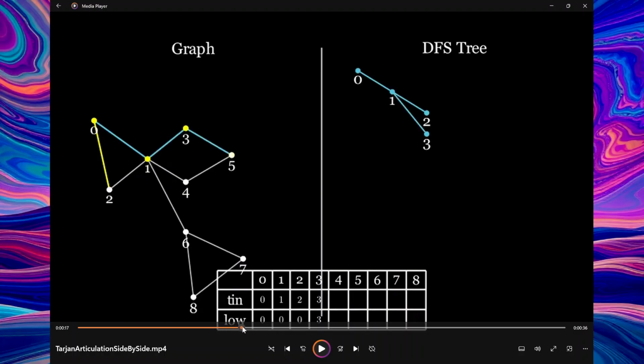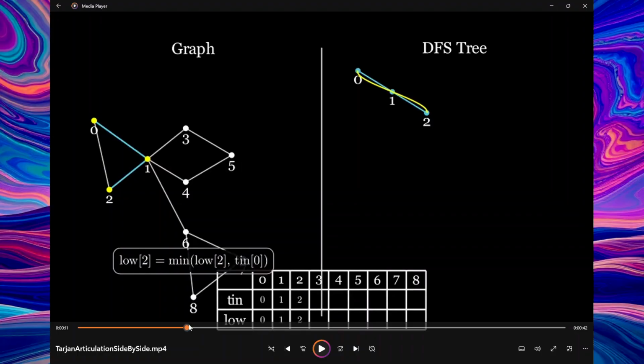In the DFS tree, it looks like that. So now we form the back edge, so we're comparing the earliest time I could have reached this node versus the back edge that it creates.